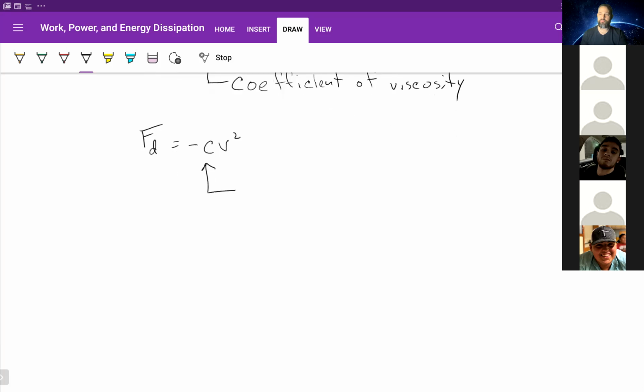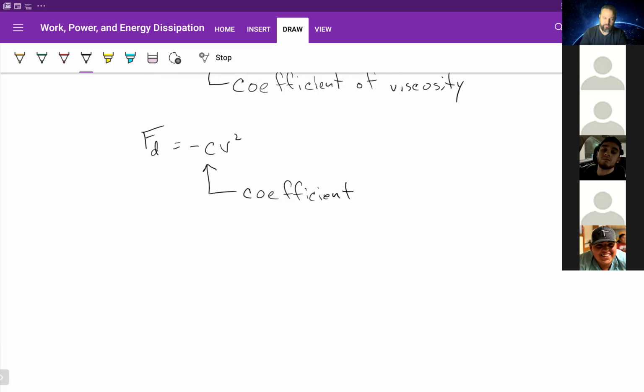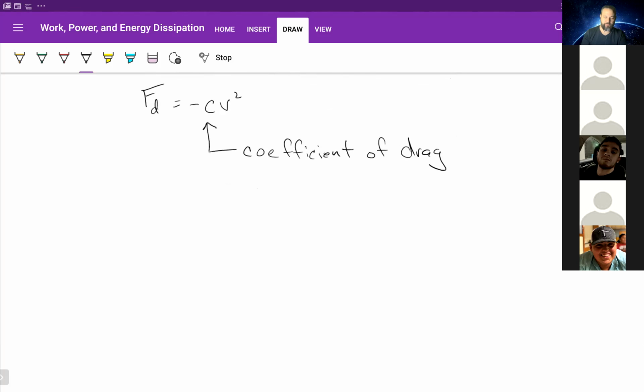C, again, is our coefficient. Why they pick C, I don't know, but it's the coefficient of drag, or the drag coefficient, and we want to reduce that as much as possible.